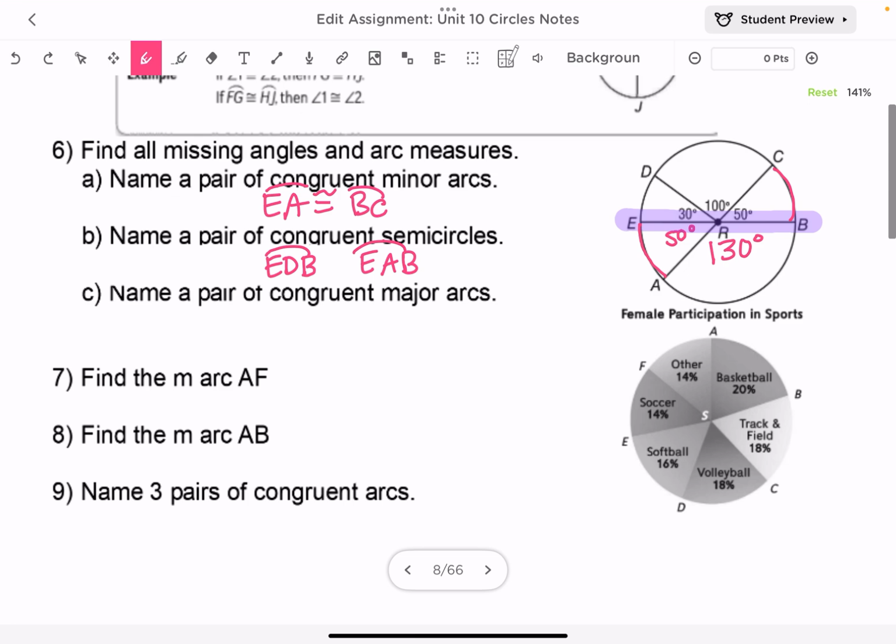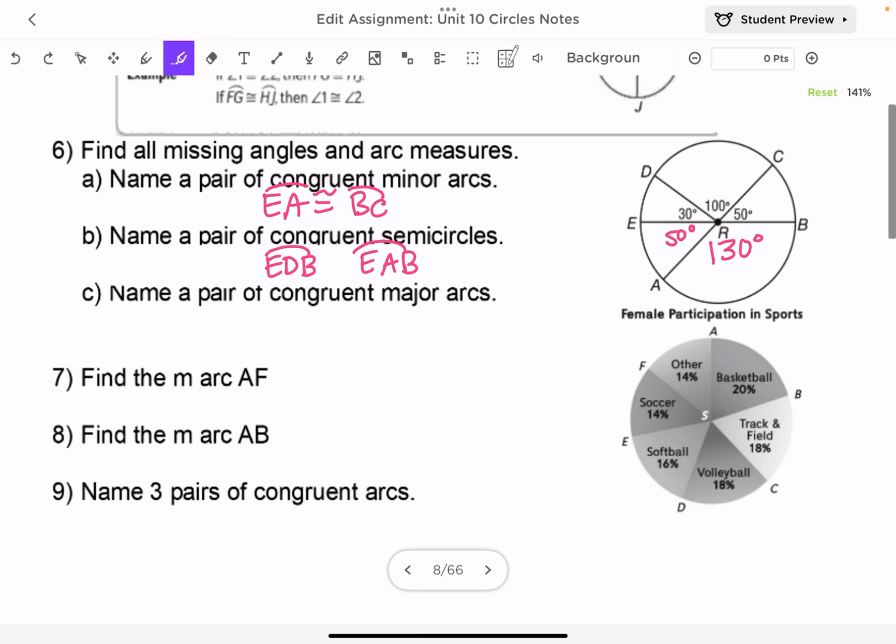Then it says to name a pair of congruent major arcs. This one is a little bit different. You've got to be able to find some numbers that all add together to be equal. I actually don't have this answer in front of me, so I am not positive.